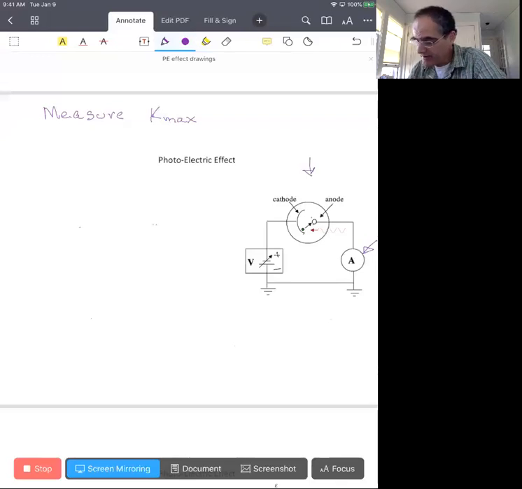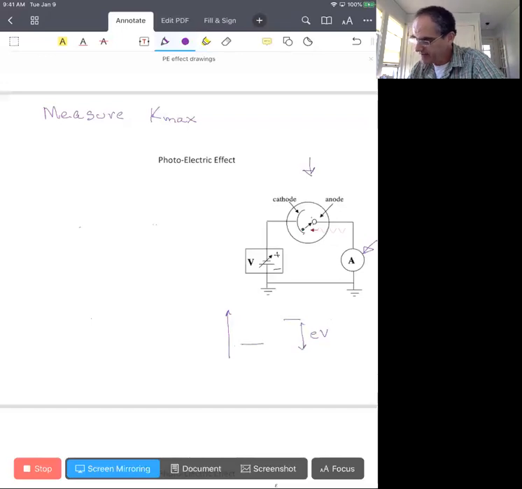Here, we can make another energy diagram that illustrates what we're talking about. So in this diagram, the vertical axis is also energy. So we have the energy near the cathode and the energy near the anode. And the energy difference between them will just be the electrostatic energy, e, times the voltage difference.